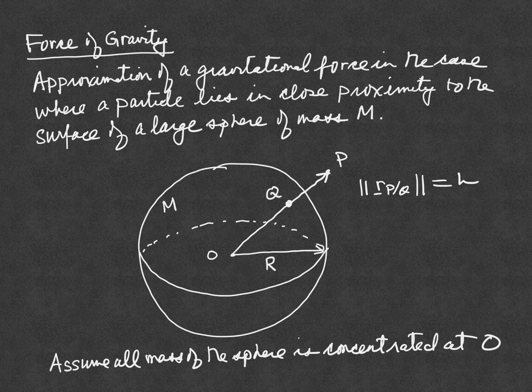And we're going to assume that H is much, much less than R. And we're also going to assume that M, which is the mass of the sphere, is much, much bigger than the mass of the particle.